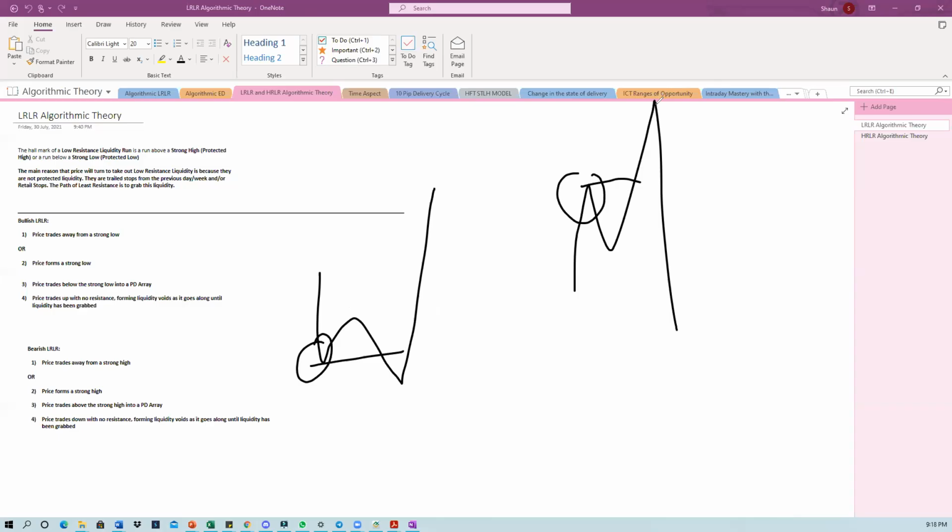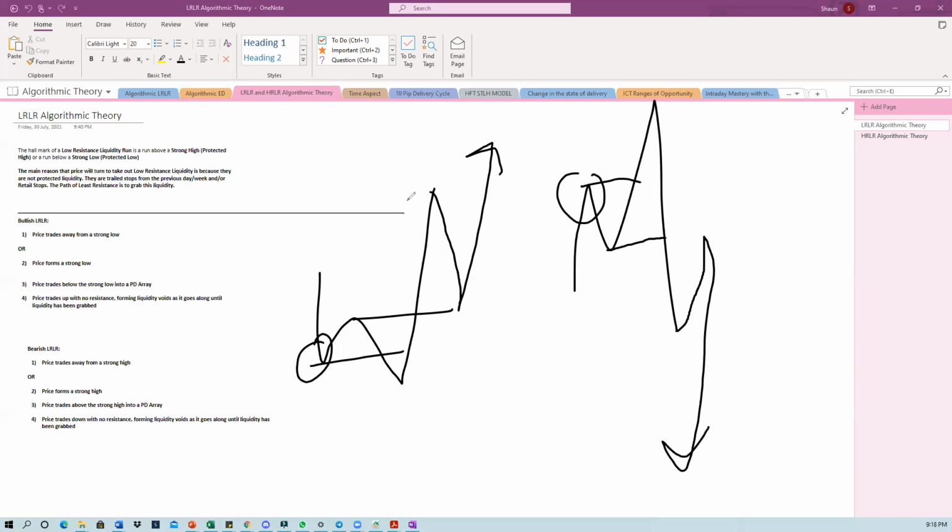You wait for that move up there, then you wait for the close here, and when it closes here, it will make an attempt to go back, drop. It will make an attempt to come here, higher. Okay, that's the gist of it for a low resistance liquidity run. That's as simple as I can make it.